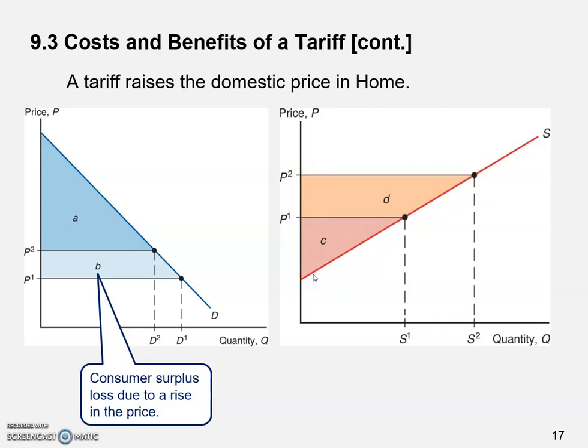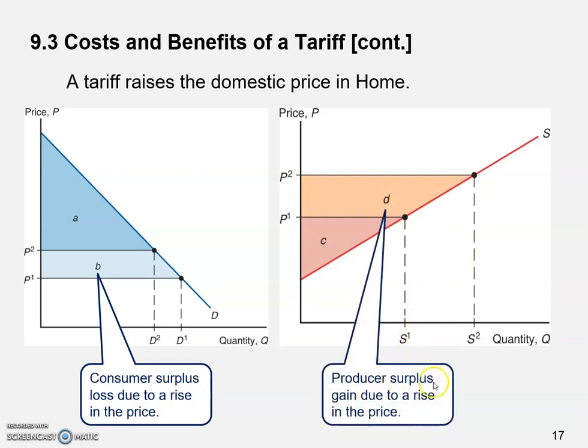This makes sense because, as we said, producers in home benefit from the tariff. So the new producer surplus would be C plus D. The additional part is D here, the producer surplus gain due to a rise in the price. All right, now once you understand these, we can put these two together.